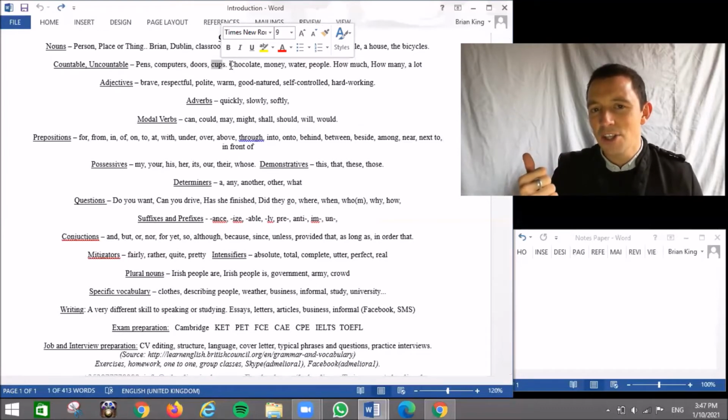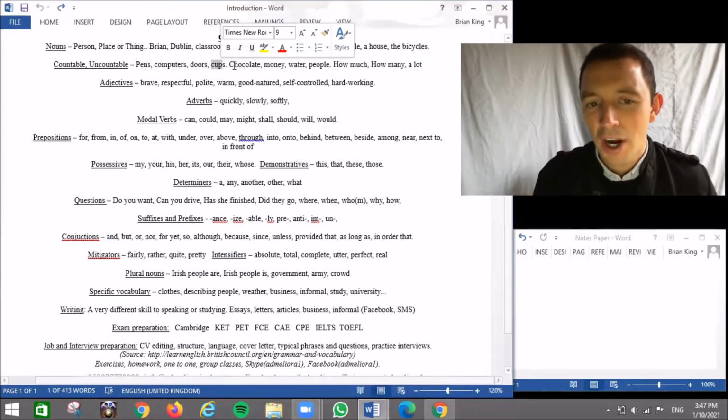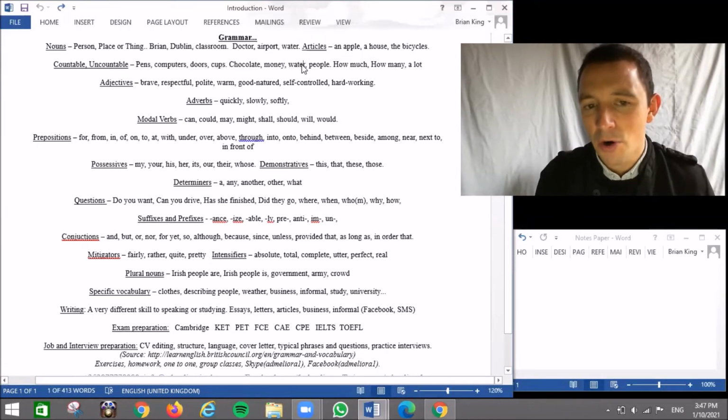In English, no. In English, we say a piece of chocolate or a square of chocolate. Entonces, no puedes contar chocolate. In English, it's uncountable. It's possible a bar of chocolate, 2 bars of chocolate, 3 bars of chocolate. So chocolate is uncountable. Necesitas piece or bar antes. Okay. So chocolate, money, agua, water, are uncountable.